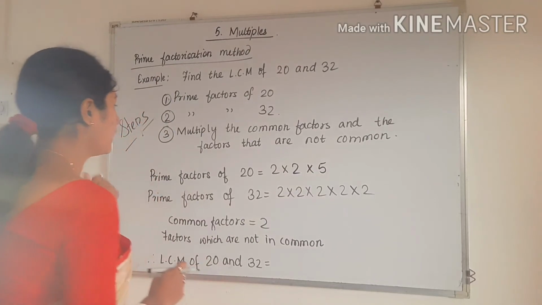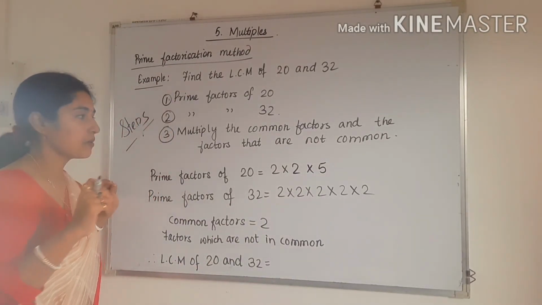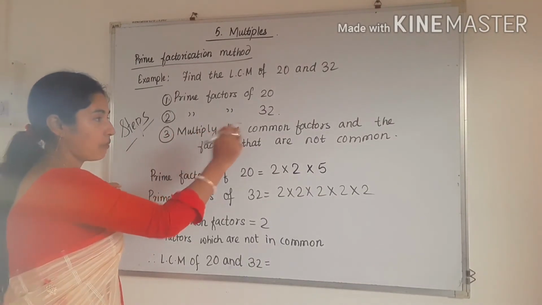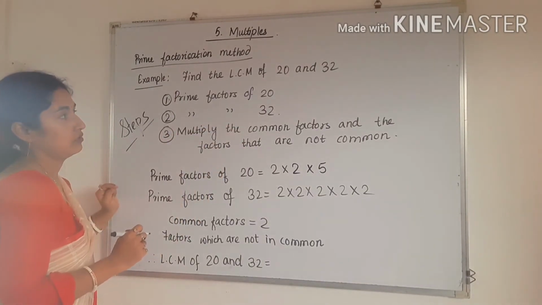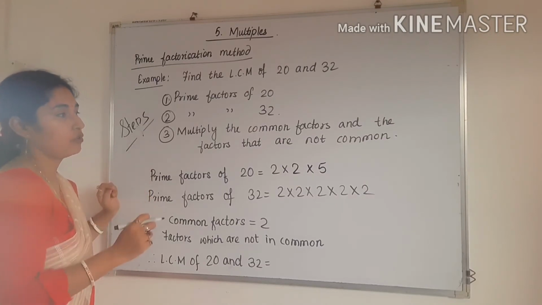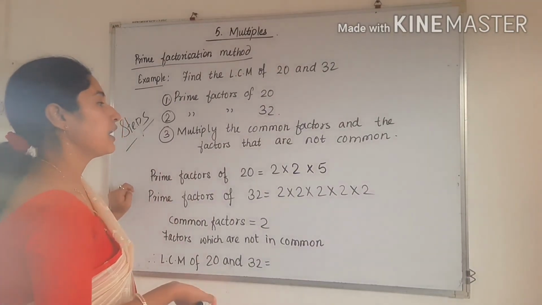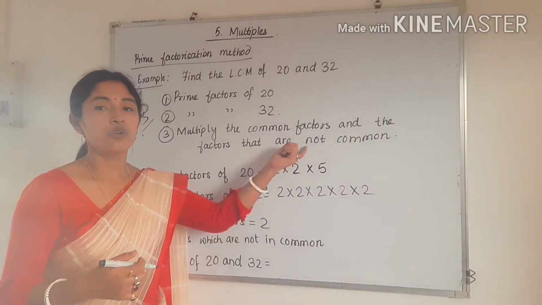Next, what is the important step? After finding the prime factors of each number, you have to multiply the common factors, and you also have to multiply the factors which are not in common.